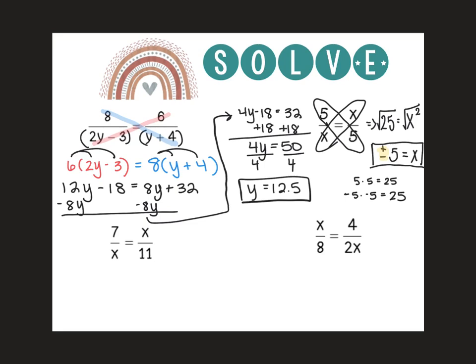Okay, so if I do another one of those, it's the same idea. X times x is x squared. 7 times 11 is 77. To get rid of the squared, I do the inverse, which is the square root. And if you were to type square root of 77 in your calculator, you're going to get this number.